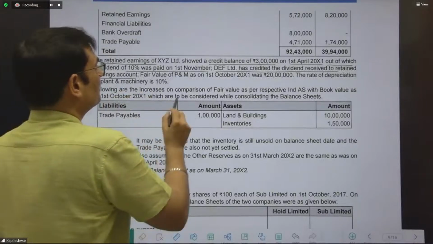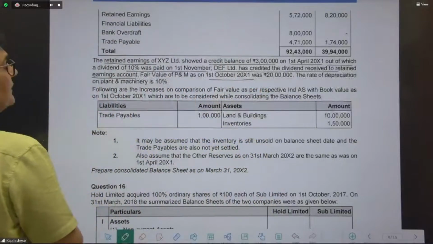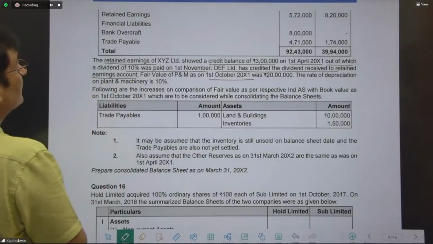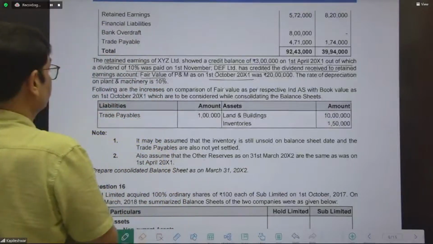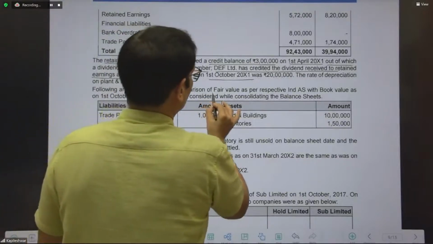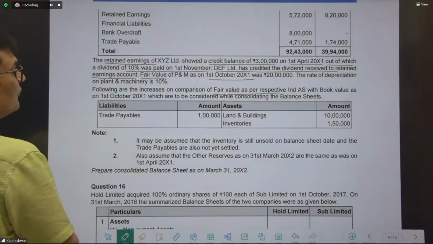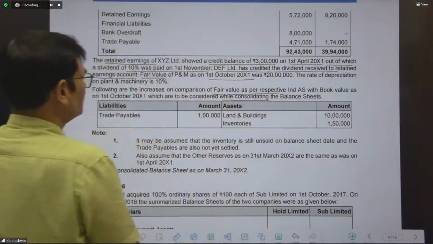And the fair value of the machinery on 1st October is given, and the depreciation rate is 10%. So we're given the book value of the machinery in the balance sheet, and here we're given the fair value with a depreciation rate. The following are the increases of the fair value as per the respective Ind AS with book values on 1st October, which are to be considered while consolidating the balance sheet.